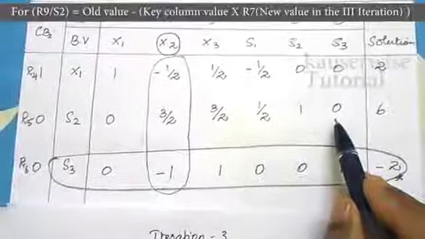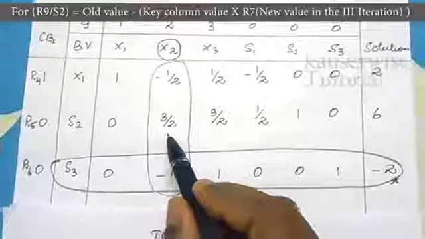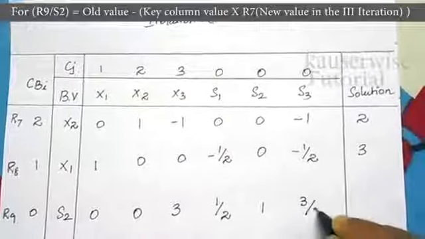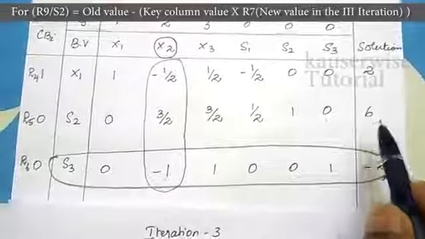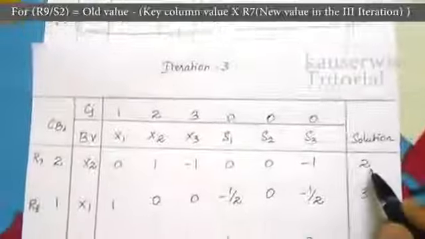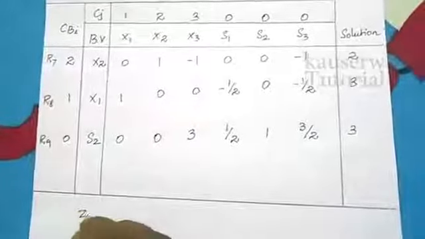Next one, old value 0, minus key column value 3 by 2, into new value minus 1. The answer is 3 by 2. The next one, the old value is 6, minus key column value is 3 by 2, into new value is 2. The answer is 3. Now we need to find Zj values.